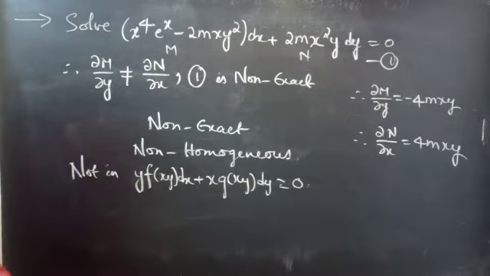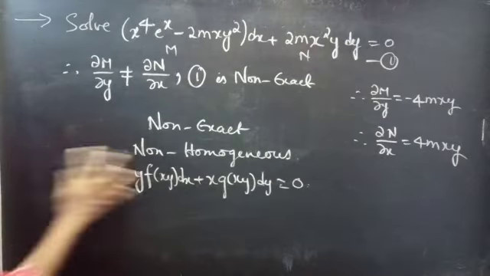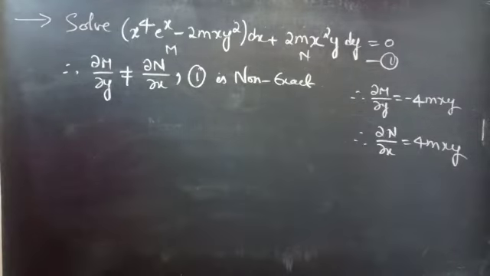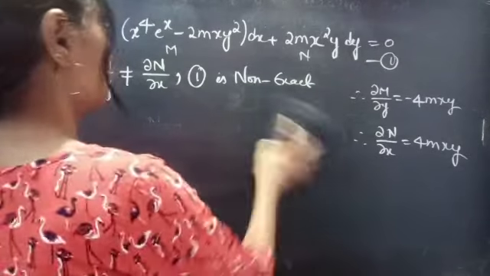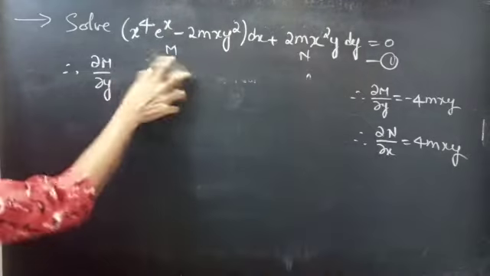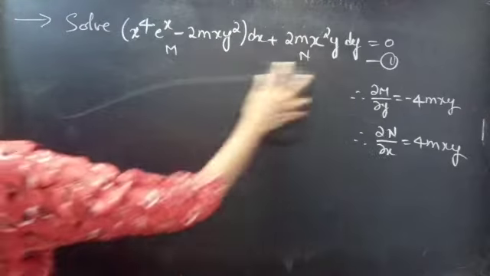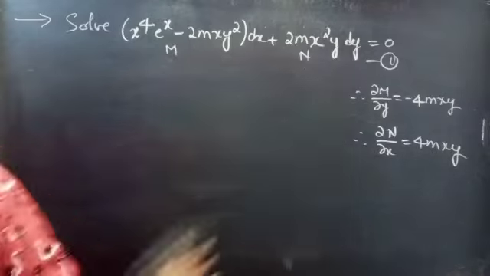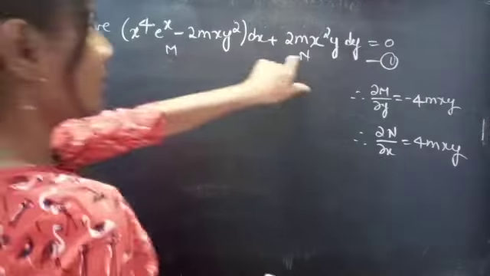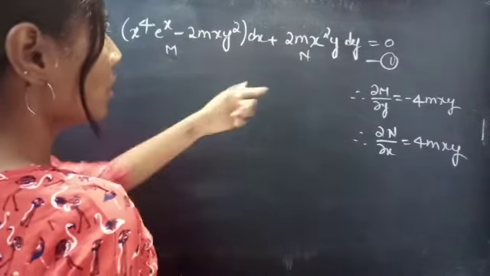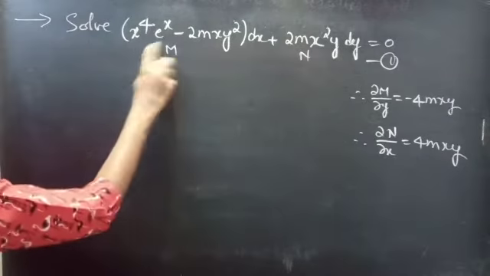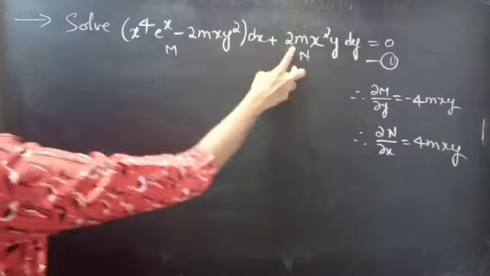Now, we need to find a suitable integrating factor in order to reduce the given equation to an exact equation. So, observe M and these two partial derivatives. In M you have two terms and in N you have only one term.